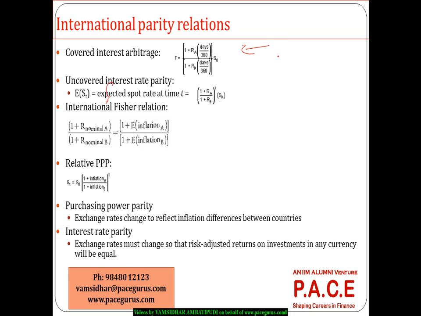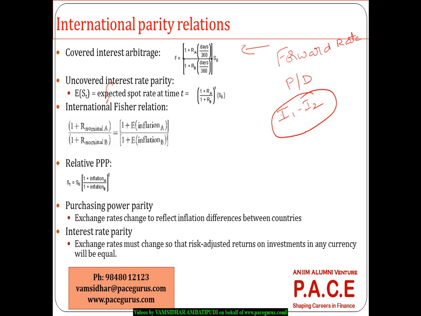Especially when we use the forward rate, whenever the forward rate exists, the premiums or discounts on the forward rates are used to offset any differences in the interest rate. So whatever is the I1 minus I2, the interest rate difference that exists, that is getting reflected in the forward rate.